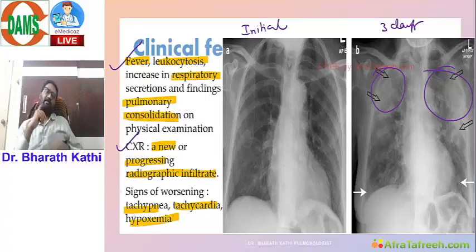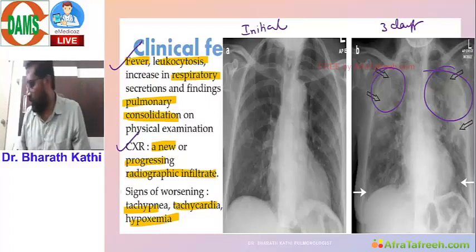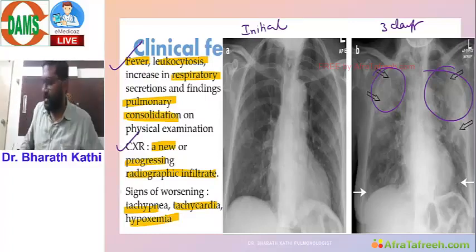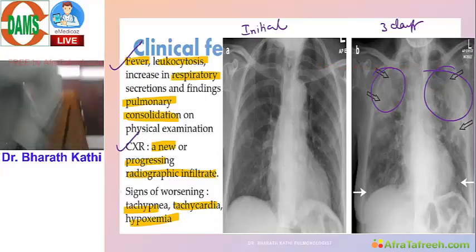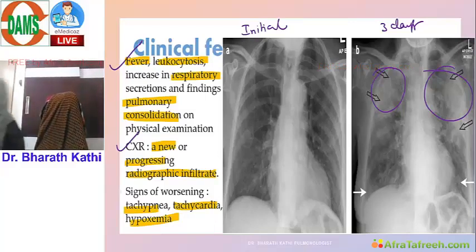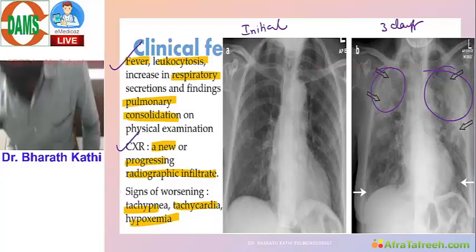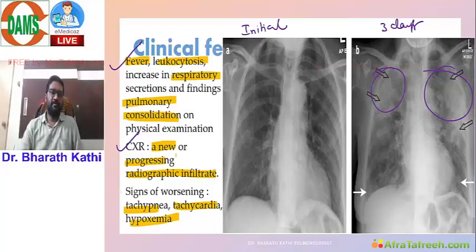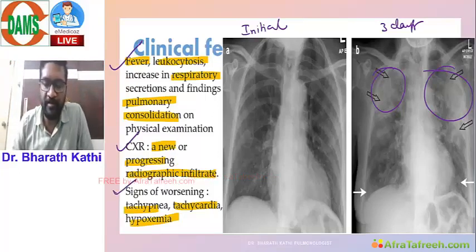And in the chest X-ray you have taken, when compared to the initial chest X-ray, you are able to see new infiltrates or progressive infiltrates. And the patient, compared to the previous 2 or 3 days, has increased shortness of breath, tachycardia, hypoxemia.